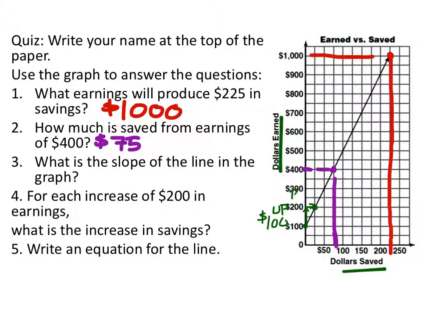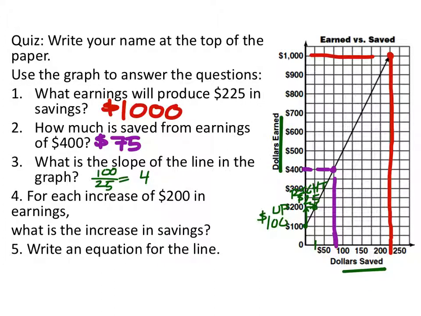And then it goes to the right here, even though, again, it's one line, each line is representing $25. So this would be $25 in dollars saved. So it's $100 earned for $25 saved, and this will simplify to $4 earned for $1 saved. Now, since it asks for the slope, we're not going to worry about labeling that.